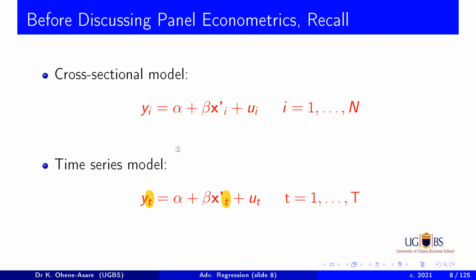What this means is that cross-sectional models are changing across individuals. So you can have a bank this year, another bank this year, another bank this year, all of them this year, but the banks are different. The individuals are different.